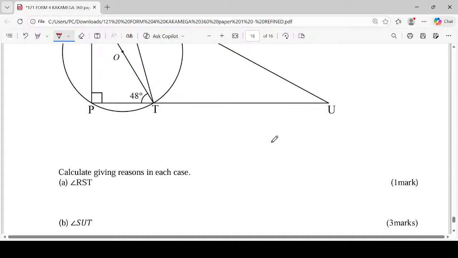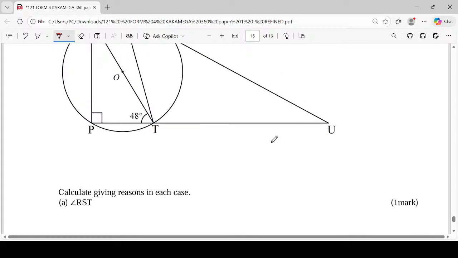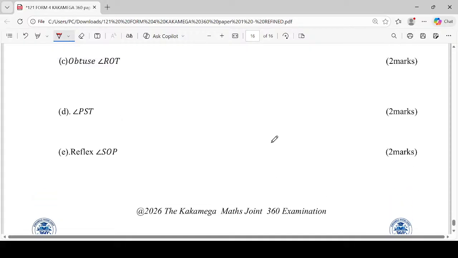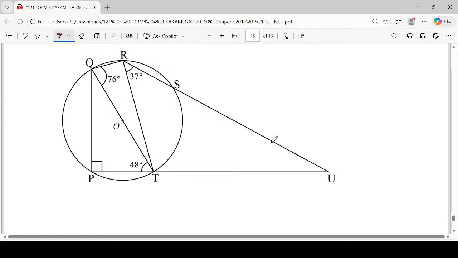Calculate, giving reasons in each case. Here we are just supposed to fill in these angles. It is going to be very simple.